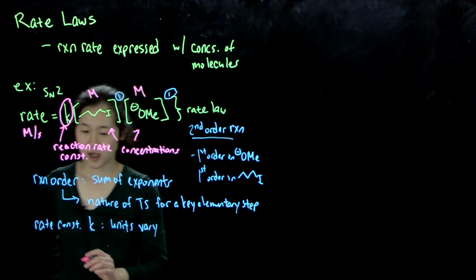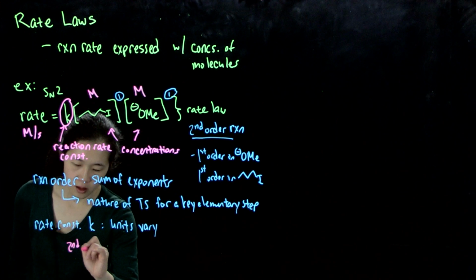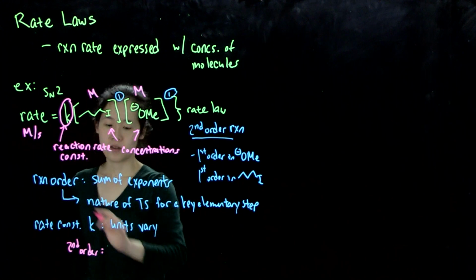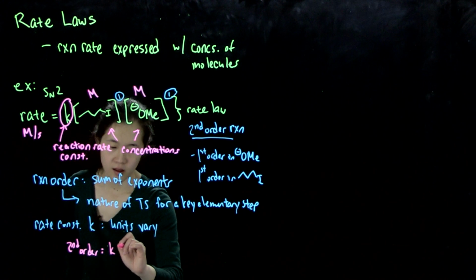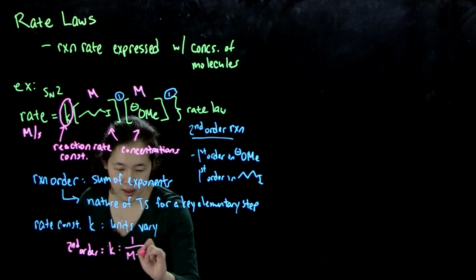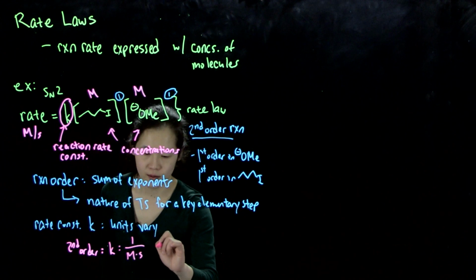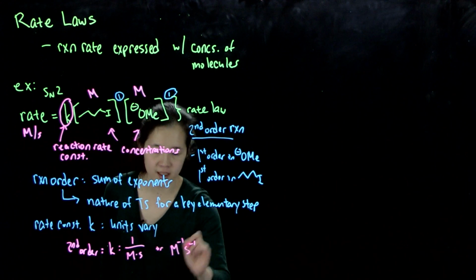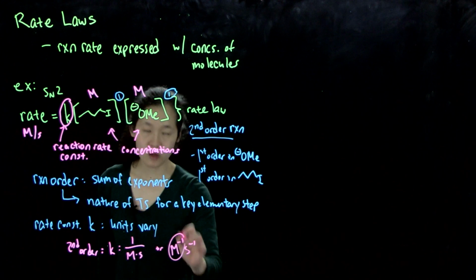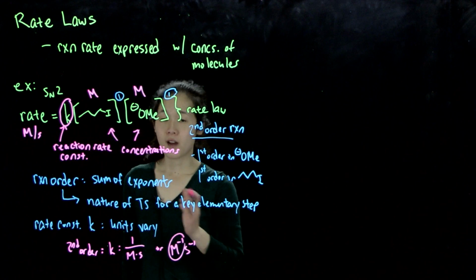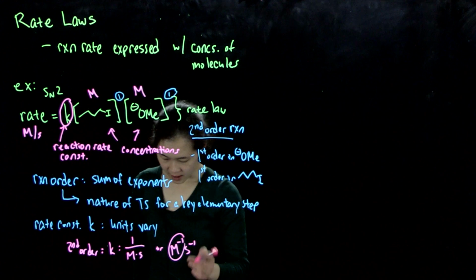So for a second order reaction, k has got to be in units of 1 over molar seconds, or per molar per second. That way, this per molar will cancel out one of these molars, and we end up with our final units of molar per second.